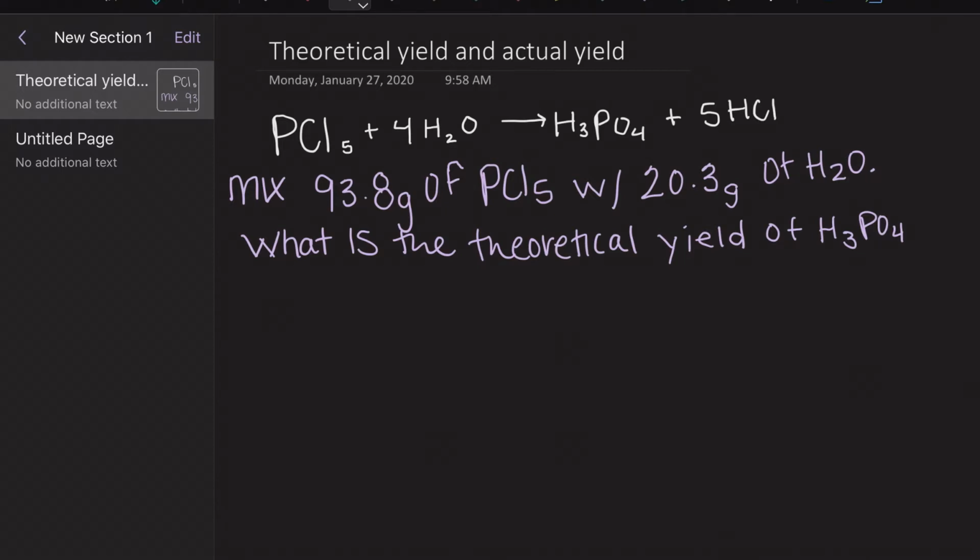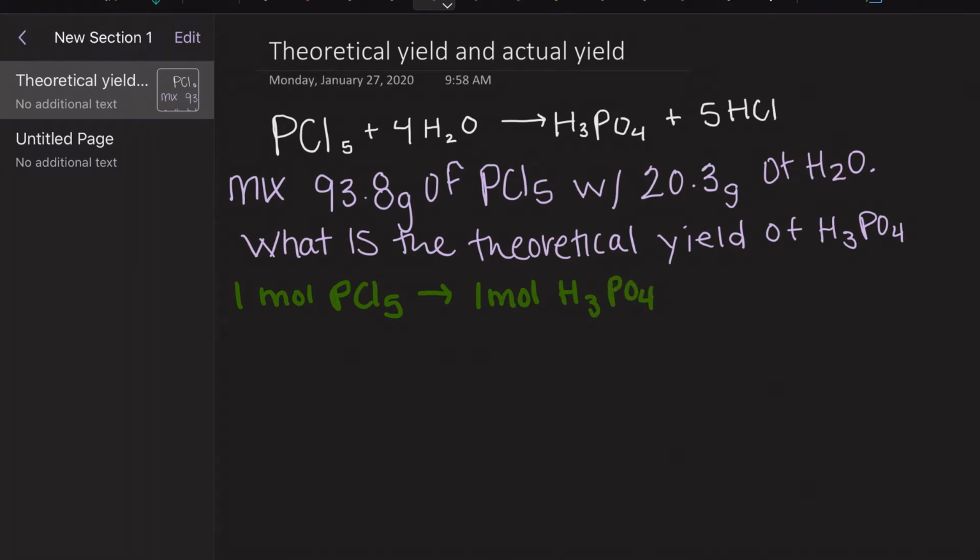And the balanced reaction tells us that the ratio of each part to one another is the same. So the coefficient on each molecule tells us that ratio. In this example, we need to know that 1 mole of PCl5 will go to 1 mole of H3PO4 if PCl5 is our limiting reactant, of course, and we have plenty of H2O.